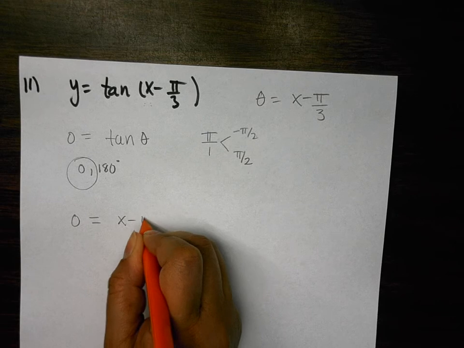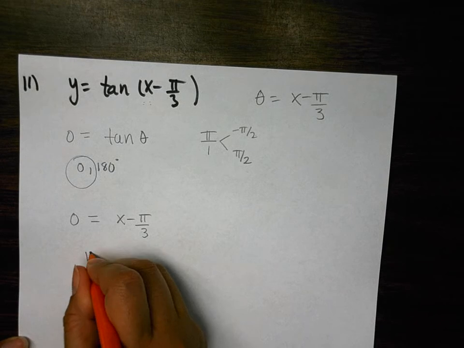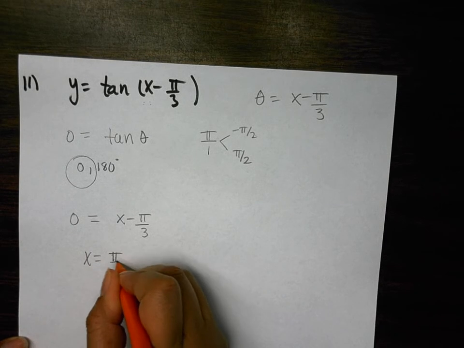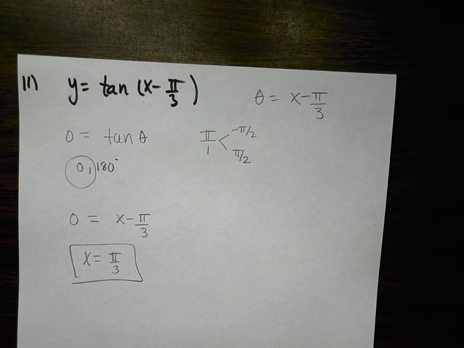So 0 equals x minus pi over 3. Add your pi over 3. What does x equal? Pi over 3. Make sense?